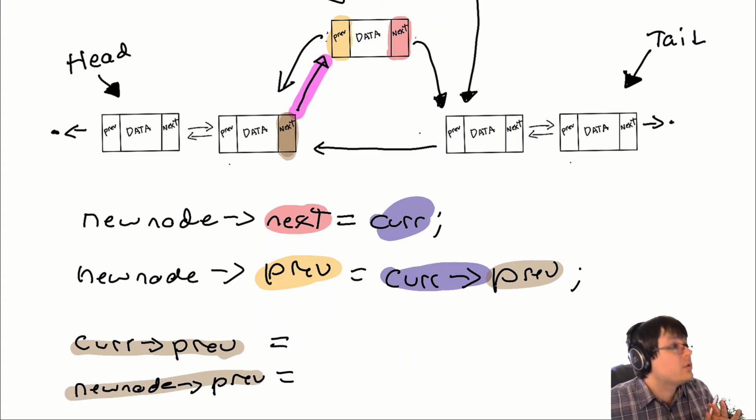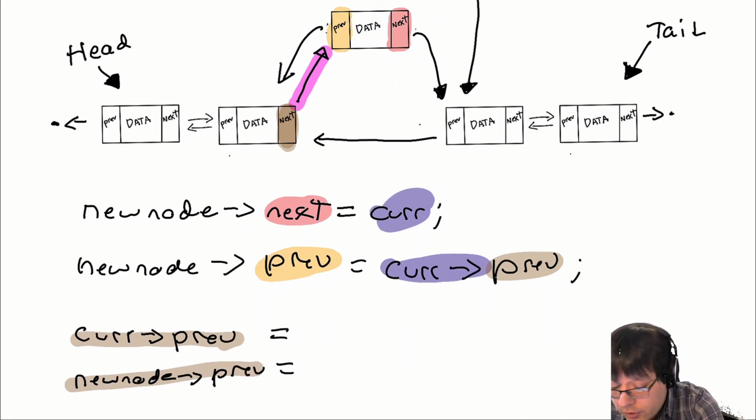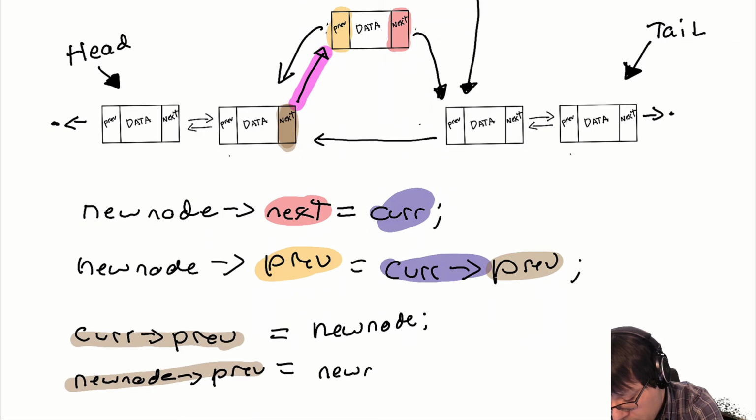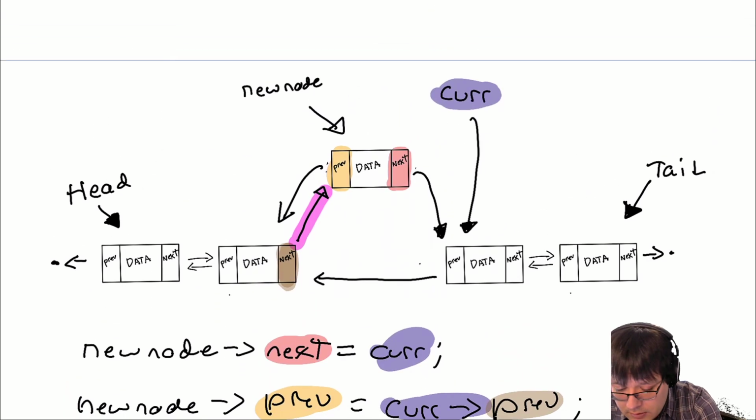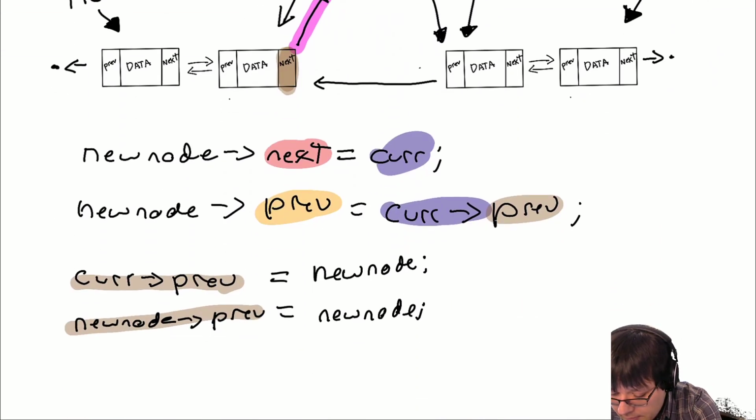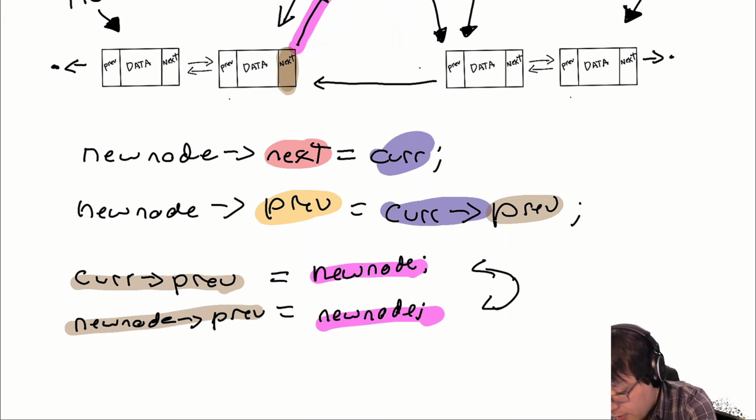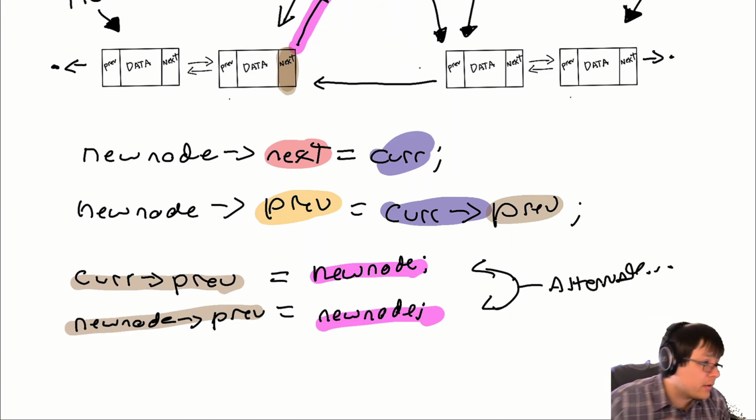So again, those two lines of code are interchangeable. What we want to do is we want that to point to new node. That's the pink link. Again, you don't need both of these lines. They're alternates, so just pick one of the two.